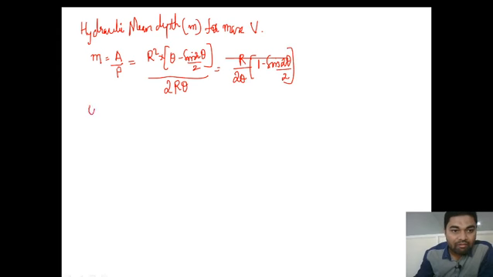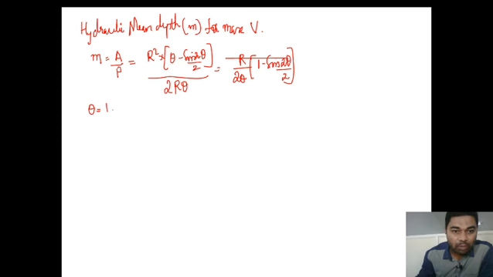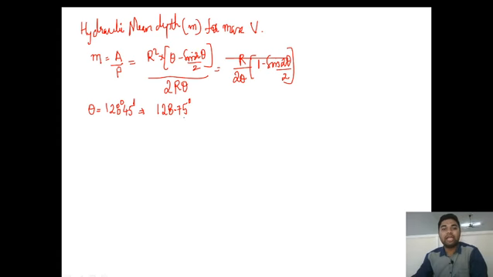Now, what value of theta have we got? We have got the value of theta as 128 degree and 45 minutes. If we want to convert these minutes into degrees, everything should be in degrees, so it becomes 128.75 degree.